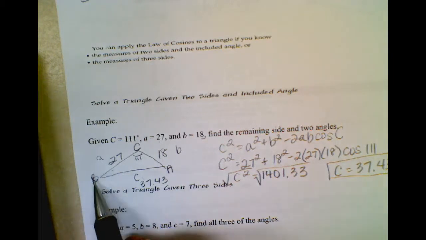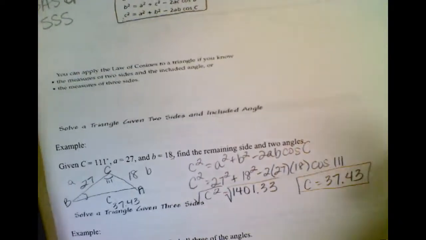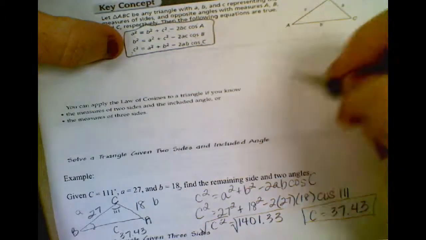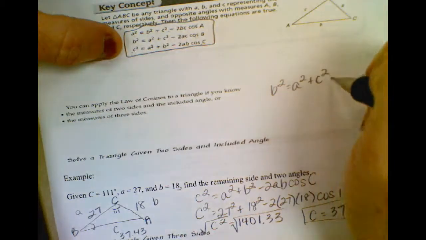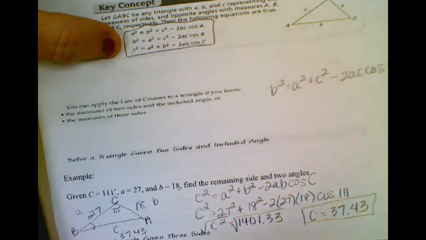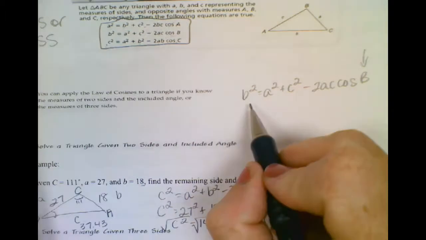So I'm going to look for angle B now. Okay, I'm going to put this up here. So if I don't know what my angle B is, I'm going to use this middle equation that I've got here. So I've got B squared equals A squared plus C squared minus 2AC times the cosine of B. So I know everything except for that angle B. So I'm just filling in amounts.